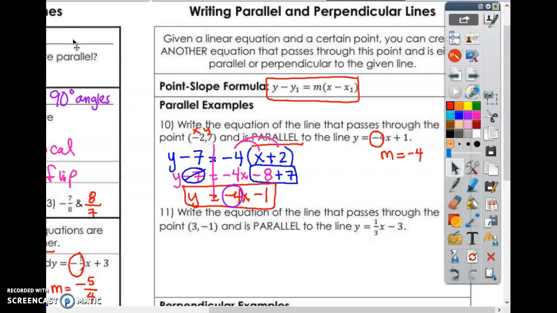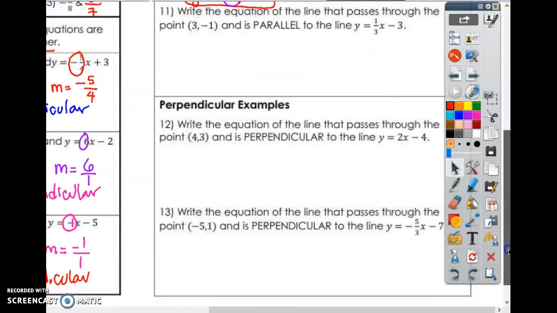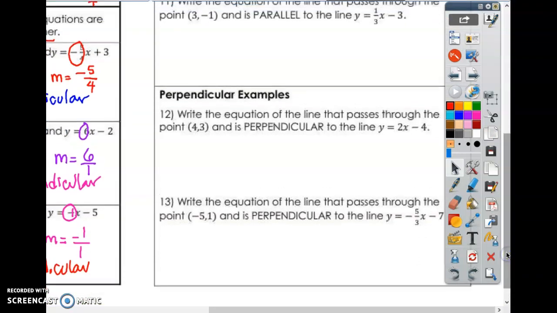Let's do one that's perpendicular. Down here at the bottom, we're going to use the same formula. Y minus y1 equals m parentheses x minus x1. But now it wants it to be perpendicular. So this is my x, this is my y, perpendicular to this.